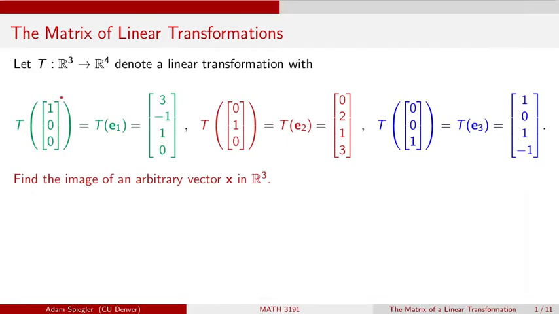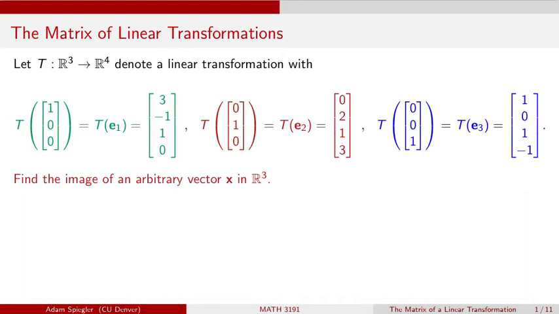So we're mapping a vector in R3, which has 3 entries, to some vector which is in R4. That's why we wind up with an image that has 4 entries. And when we apply T to the second standard vector 0, 1, 0, which I'll denote as E2, it maps to 0, 2, 1, 3 in R4.